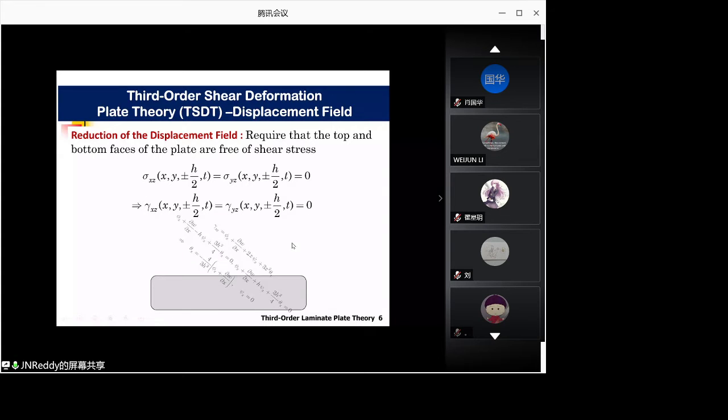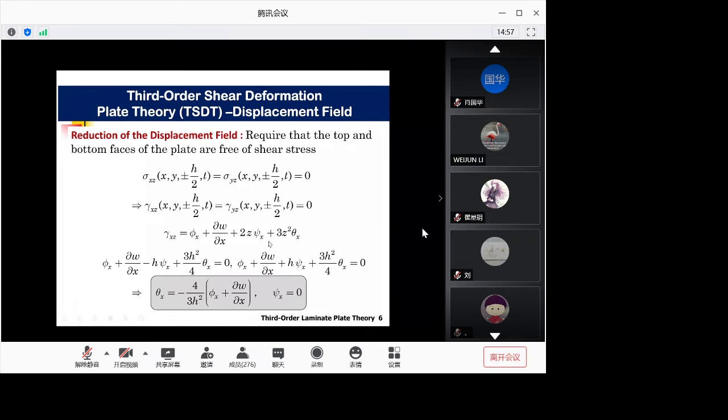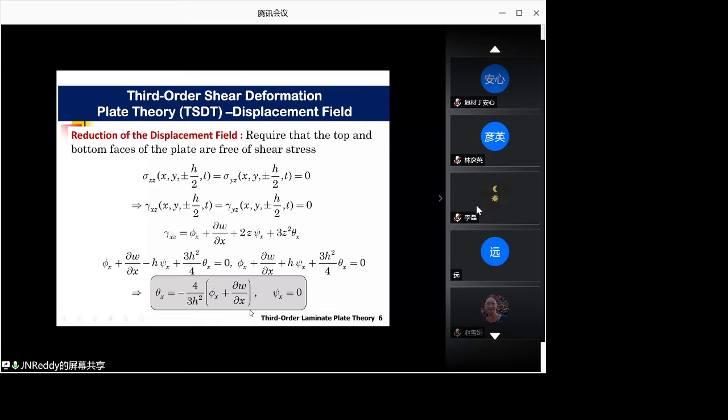So when you apply these conditions, what happens to the third order theory coefficients is the following. You see that gamma xz, if it has to be 0 at the top and bottom, it immediately says psi x has to be identically 0. And theta x should be related to phi x plus dw dx. So what did we do?